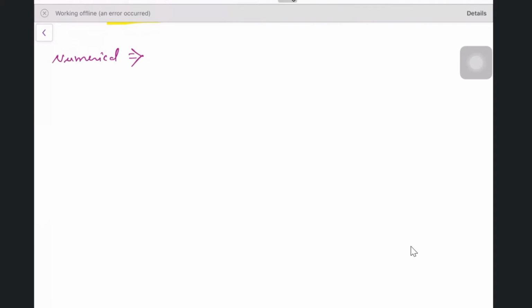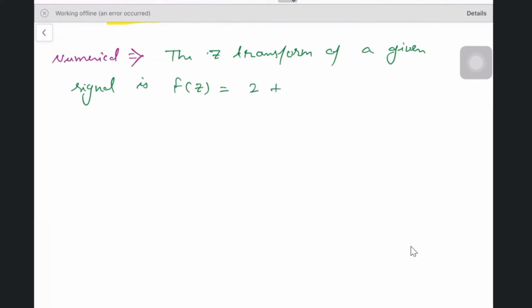In the question it is given the Z transform of a given signal is, the value given is f z equal to 2 plus 5 z inverse plus z to the power minus 2. Let's take numerical values. Determine the initial and final value of the corresponding fn.